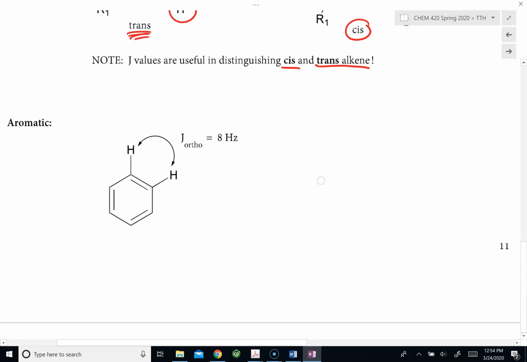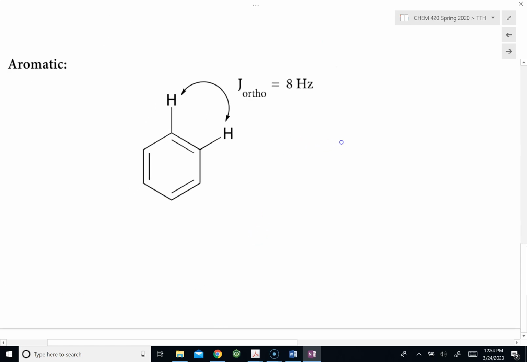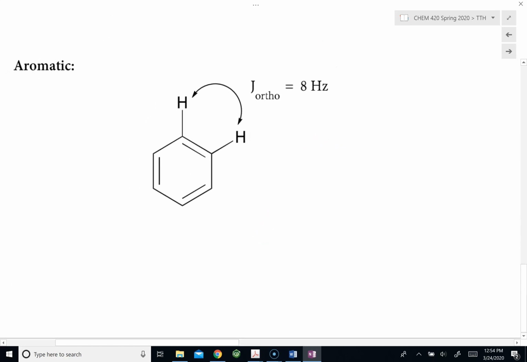For an aromatic benzene ring, we also observe a lot of this coupling. Here, these two hydrogens are communicating through this vicinal coupling, and we also call this the ortho coupling, because these two hydrogens are ortho with respect to each other. Now we call this J ortho, and in this case it equals 8 Hz.